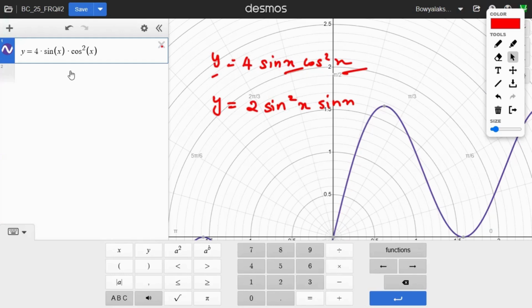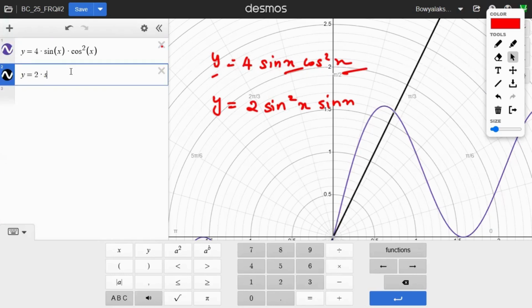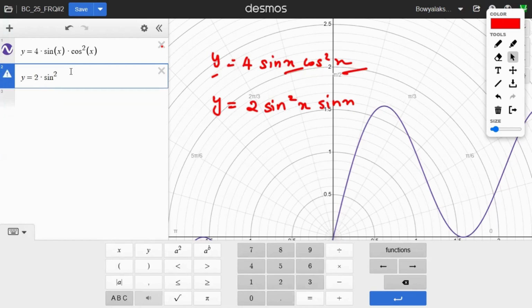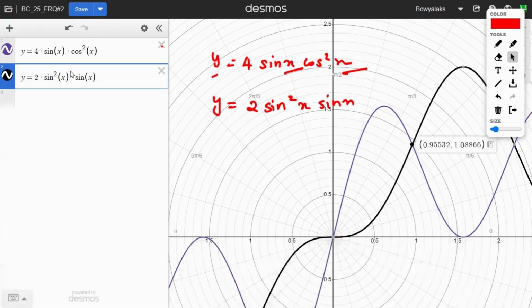Next one is y equal to 2 times sine squared x times sine x. Sine cube will not be accepted. See, sine x. And where they intersect, that is my answer. So 0 and 0.955. So I got two answers down.